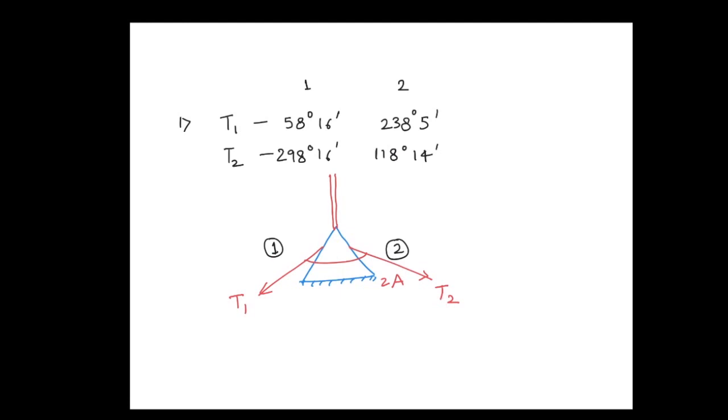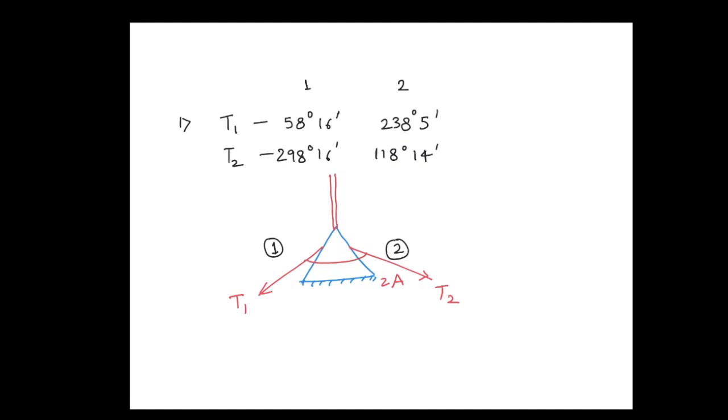So let us do that. We will have to do T1 minus T2 and T1 minus T2. But here is a problem. This angle is small, this is large. Here this is large, this is small. So sometimes what you people do is this minus this and this minus this. That will become wrong.